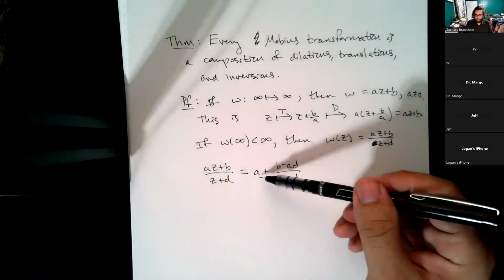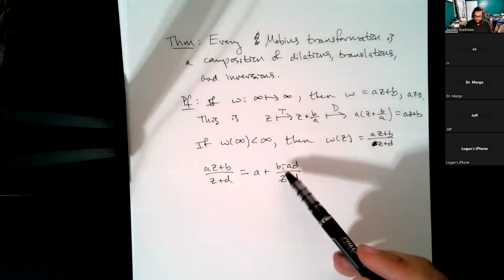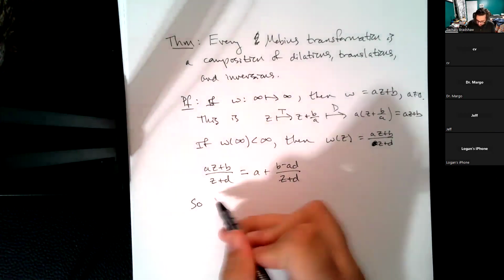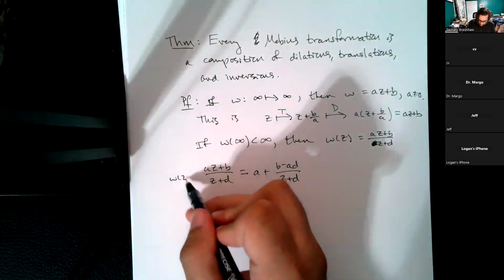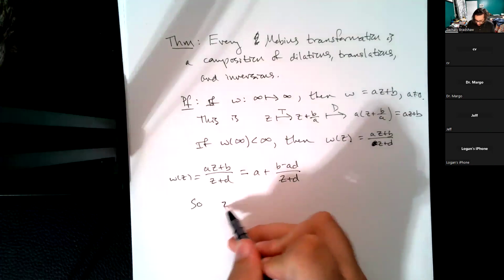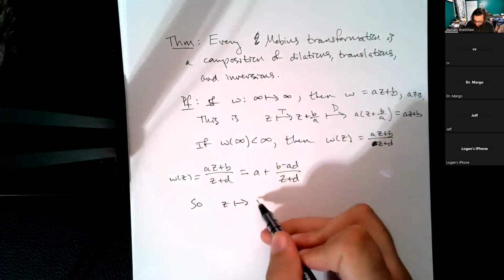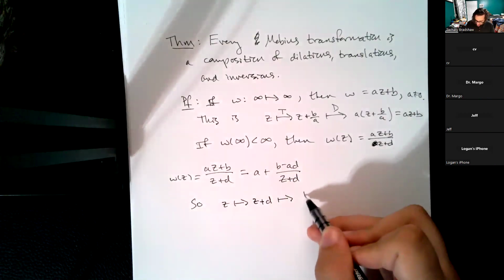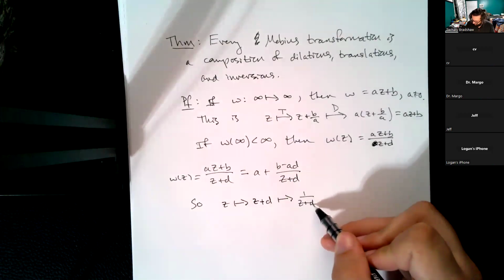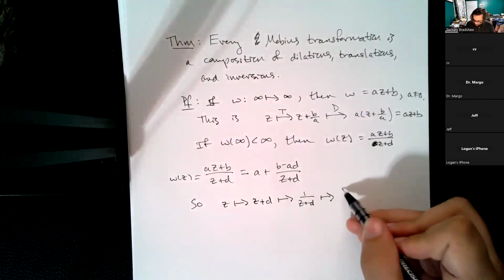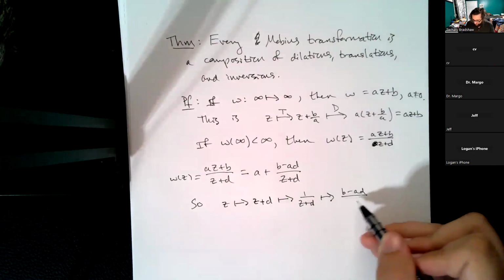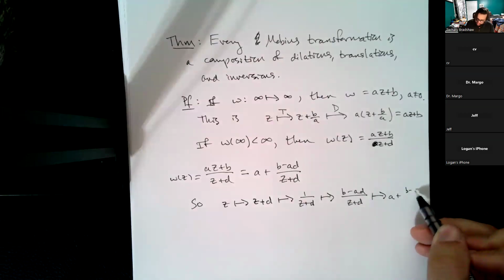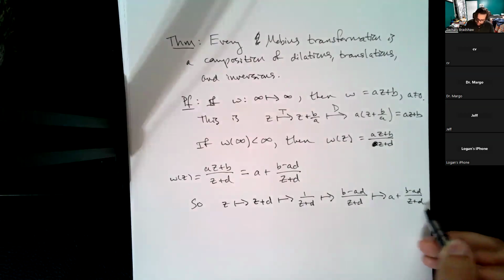Multiply this by z plus d over z plus d, and you'll see that you get exactly this. So how do I write w? I take z and map it to z plus d, then map it to 1 over z plus d, then map that to b minus ad over z plus d, and then map that to a plus b minus ad over z plus d.